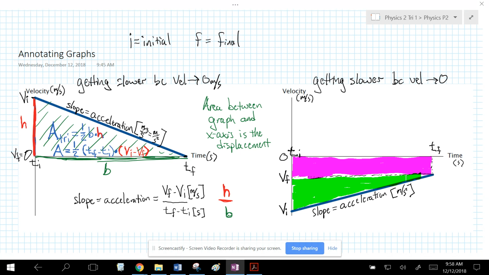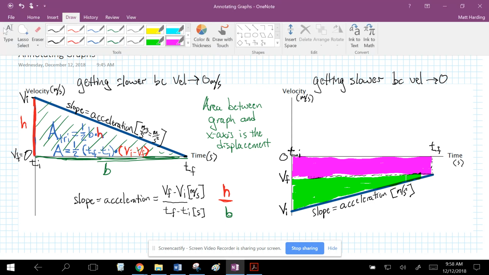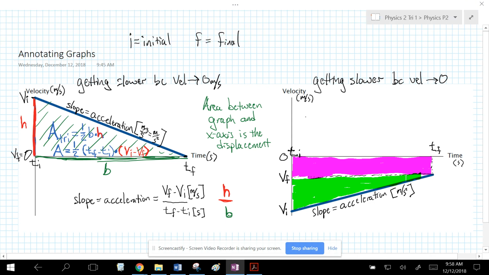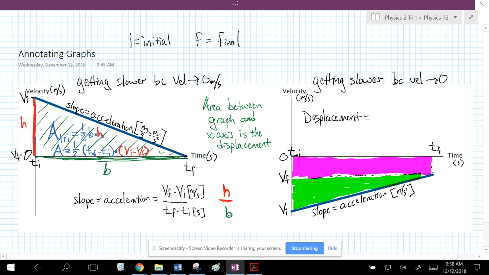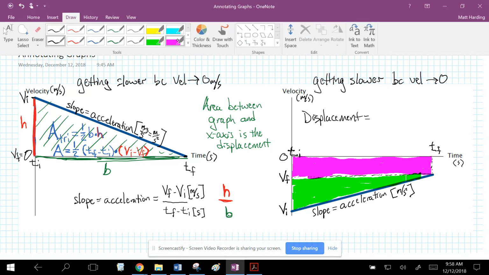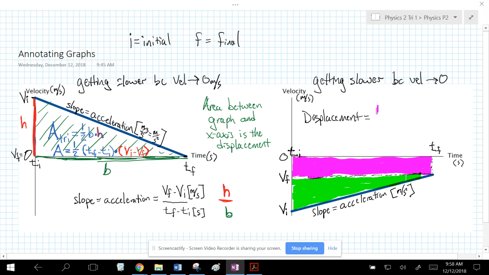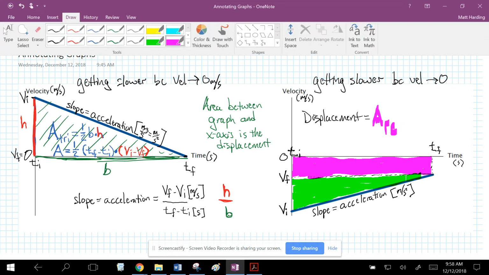So when I'm trying to find the displacement with this deal, there's a couple different ways you could do it. I would probably see it as area of the rectangle plus area of the triangle, writing with the highlighter. That's not bright.